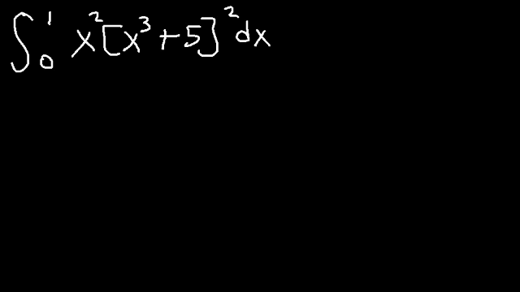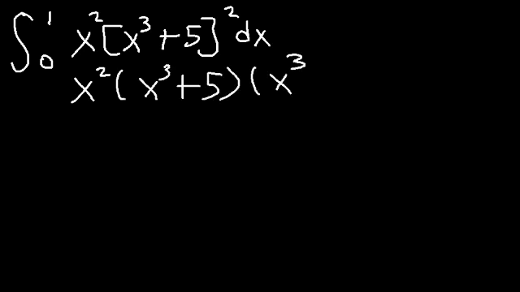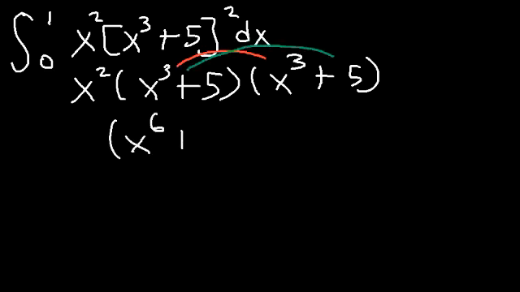Now let's do this the old way. Let's FOIL x cubed plus 5 times another x cubed plus 5. So x cubed times x cubed is x to the 6th power. And if we multiply the outer and inner terms, that's going to be 5x cubed plus another 5x cubed.